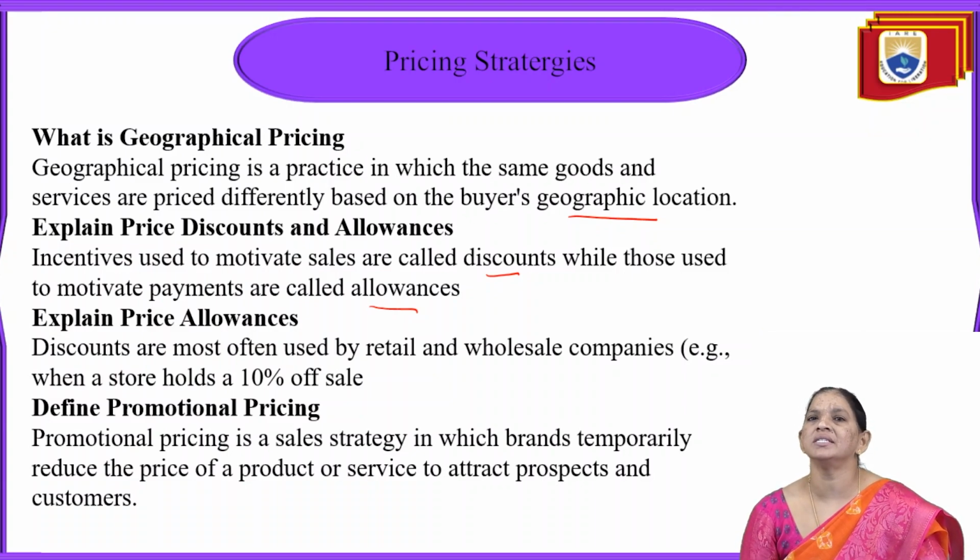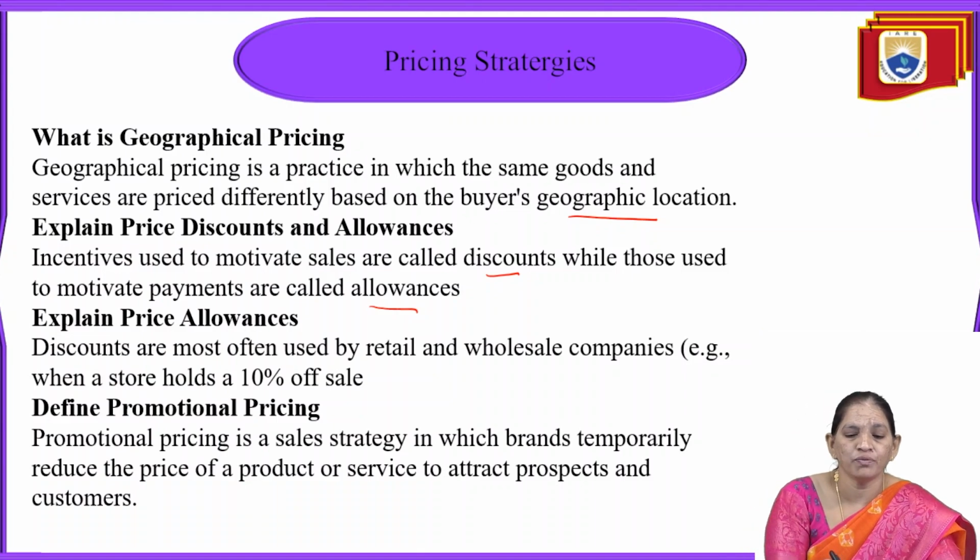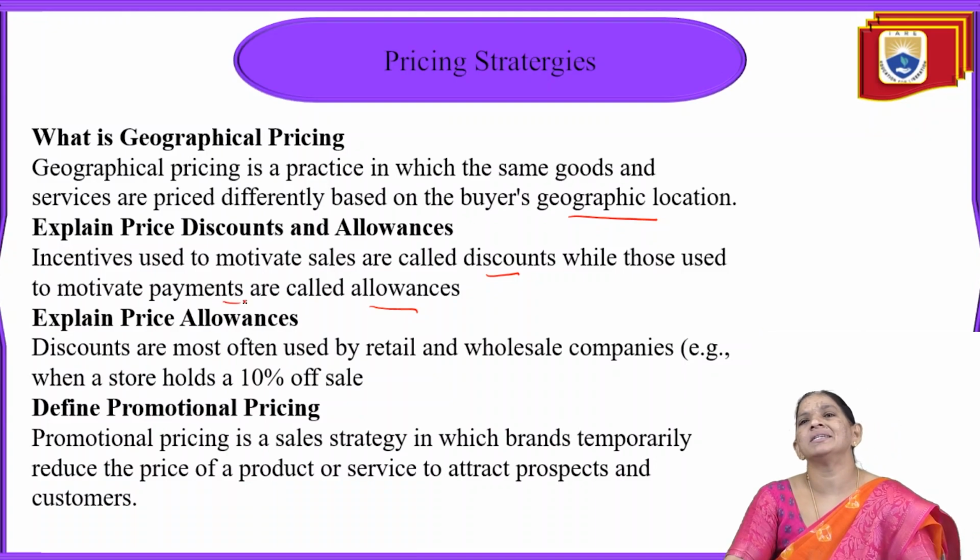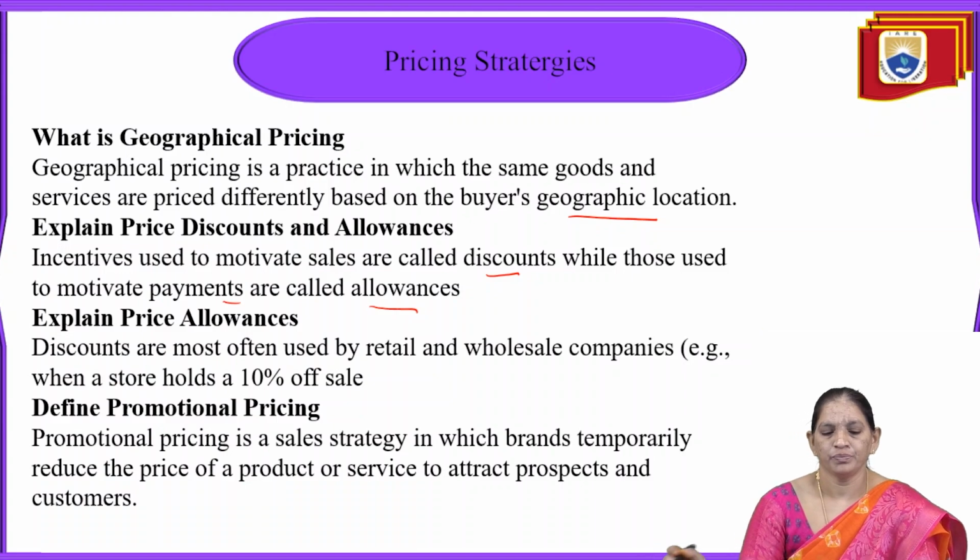A price reduction given to the customer on goods and services is called a discount. When it is meant to motivate payments, it is called an allowance. This makes the customers pay for the purchase of that product, which we call an allowance.